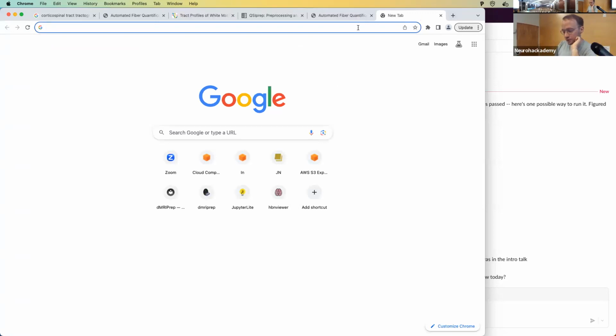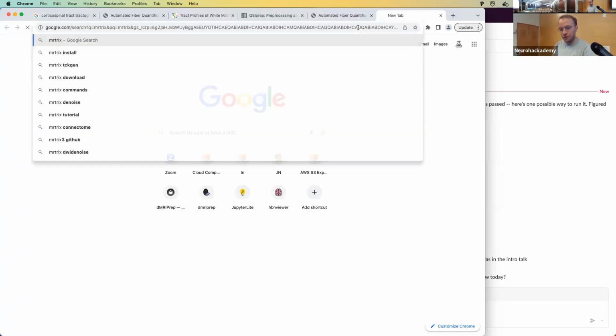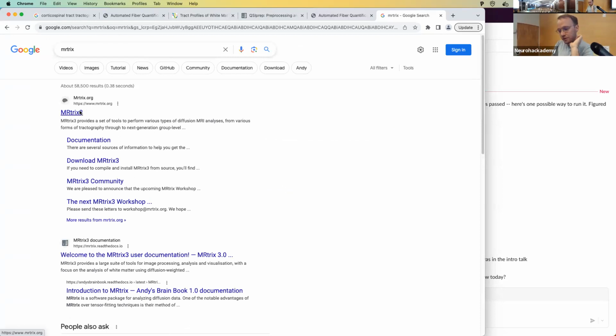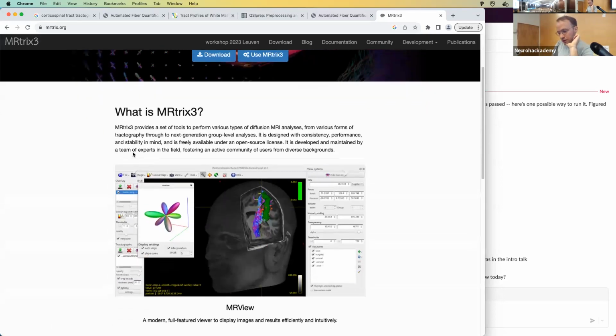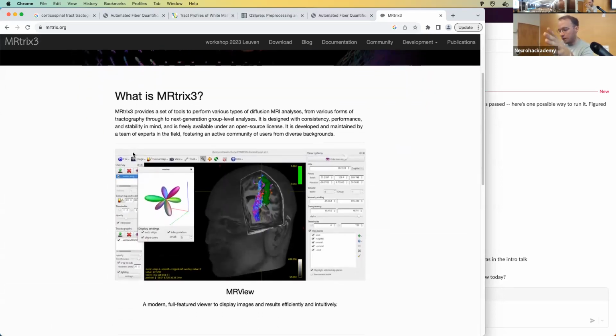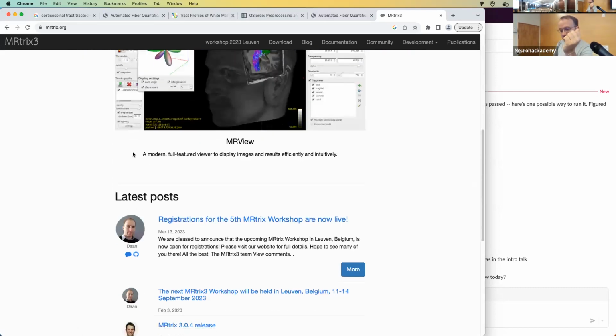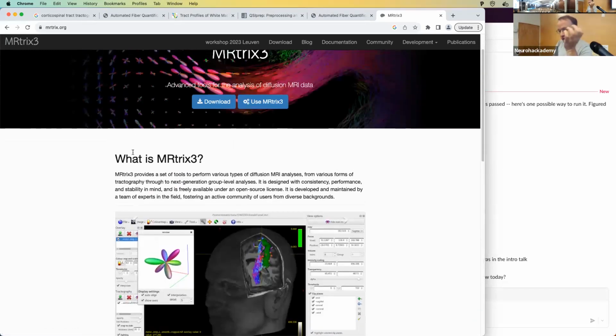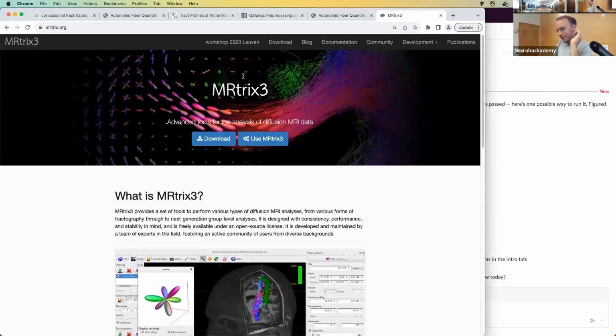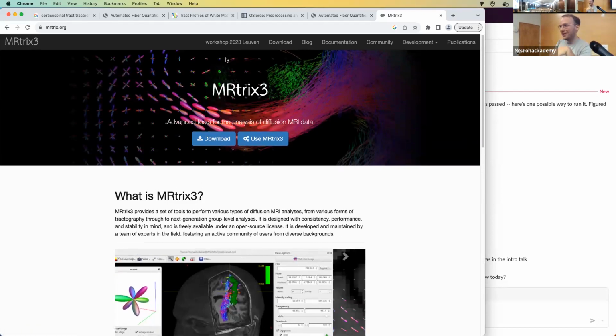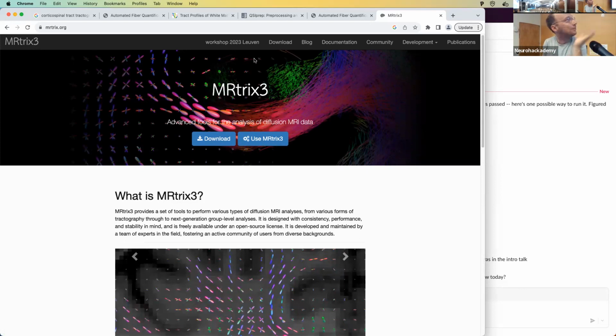So that's sort of what our pipeline looks like, but another popular software is MRtrix. And here they do modeling and the tractography, and I think they have connectomics, which I just said was not a smart thing to do, but I think they have that in MRtrix. So it's worth checking out.